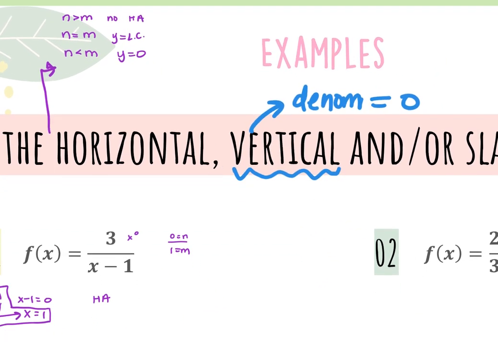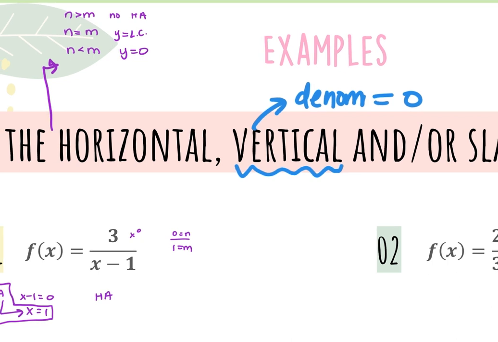So because the numerator is less than the denominator, I have a horizontal asymptote at y equals 0. And you can't have a horizontal and a slant because in order to have a slant, the one in the top has to be 1 more than the one in the bottom. So there is no slant.